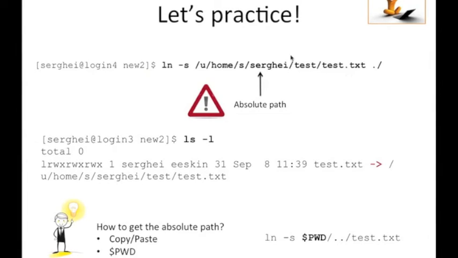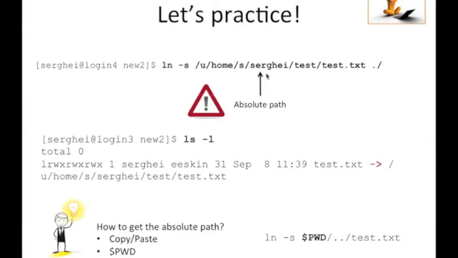The reason is that we need to use the absolute path. I think we'll have some slides later discussing this, but there is a concept of the relative path where, for example, instead of your home directory, you can put the tilde as a shortcut, as we did before.